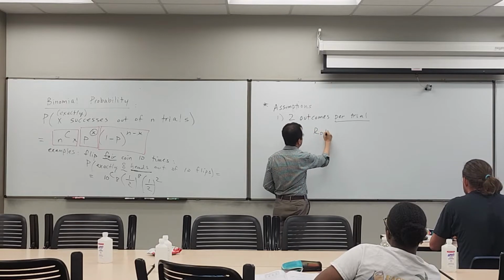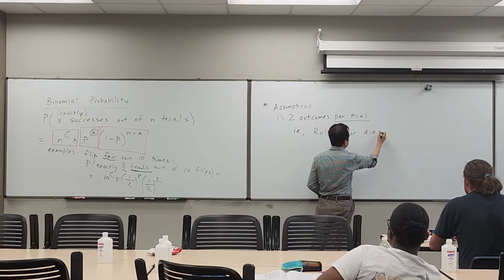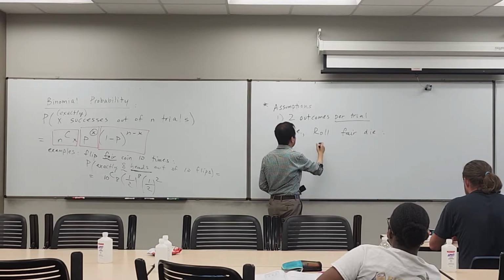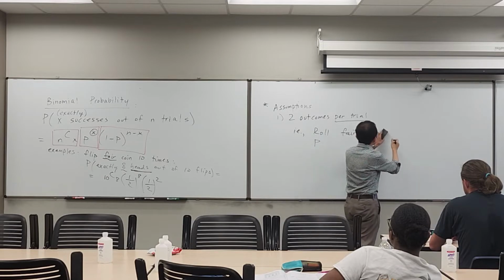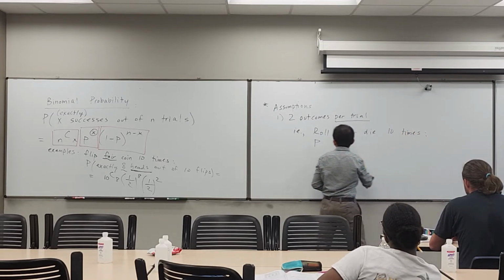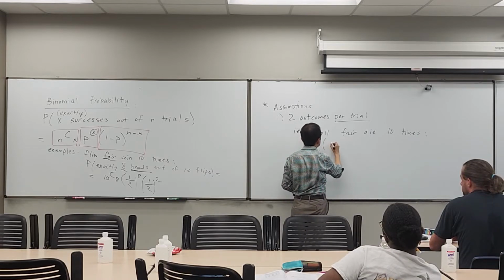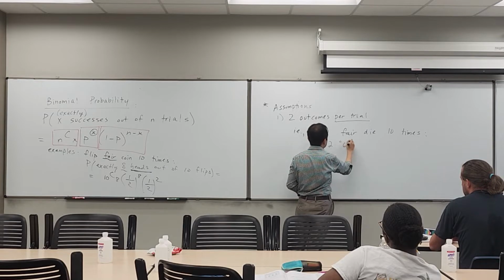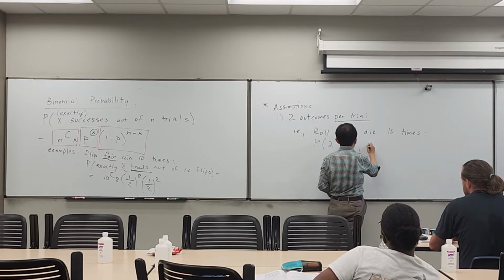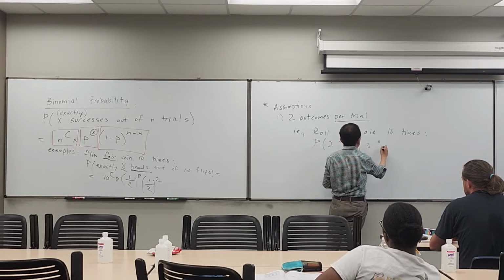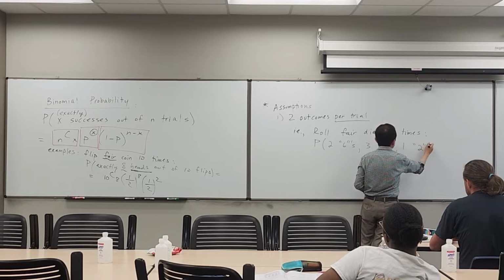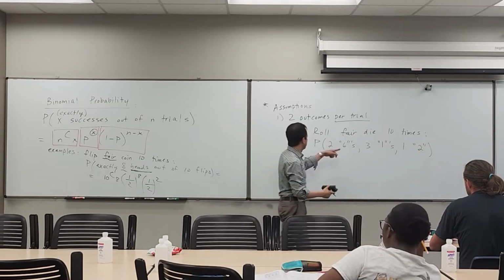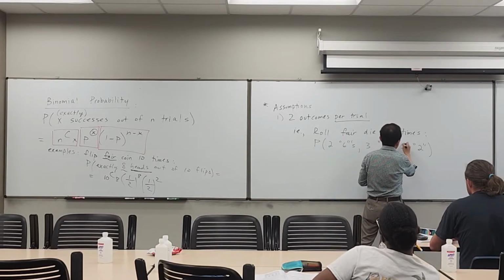If I say roll a fair die 10 times, and I ask you what's the probability you'll get 2 sixes, 3 ones, and 5 twos.